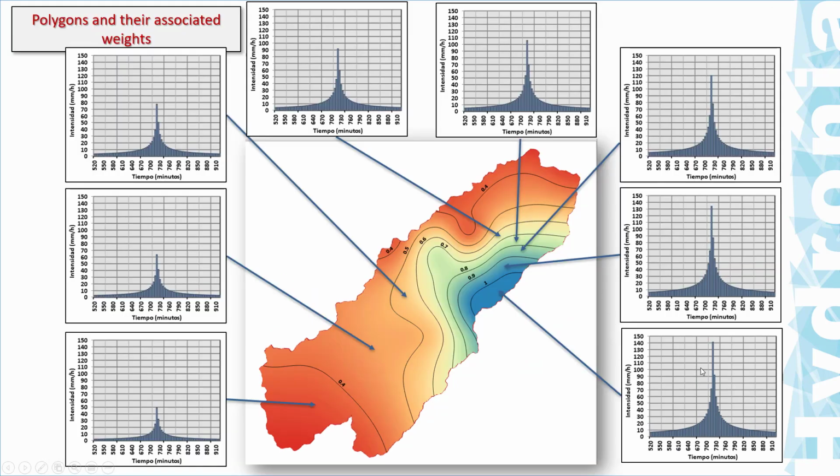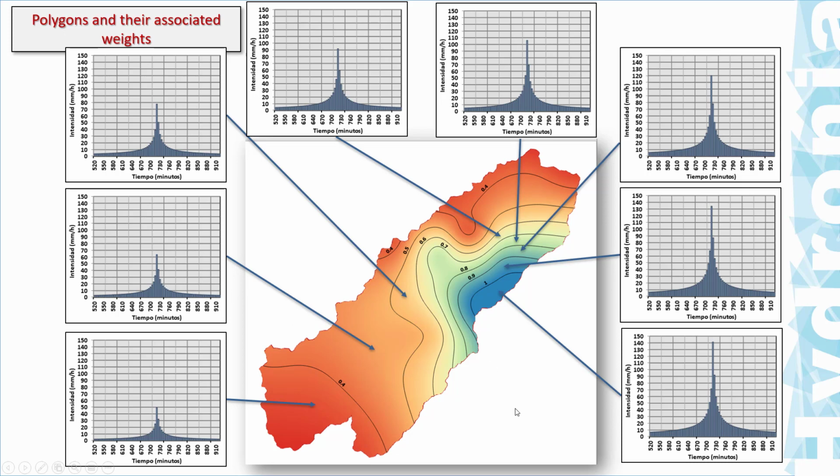That is multiplied by the ordinates of this graph. We are going to have this result, and then we can compute these different graphs for each one of the polygons. For example, in this case, the mean value of the weights is 0.45. 0.45 multiplied by the original ordinates of this graph is going to give you this as a result.